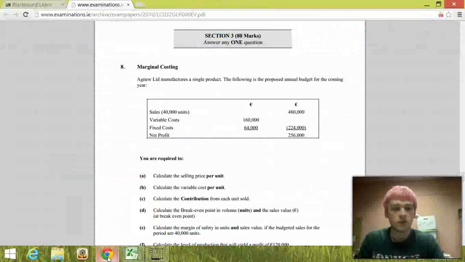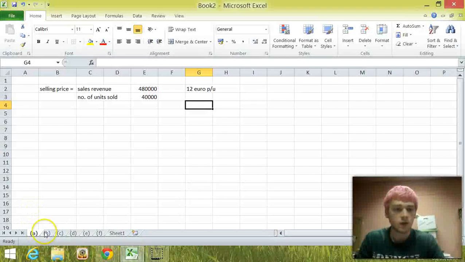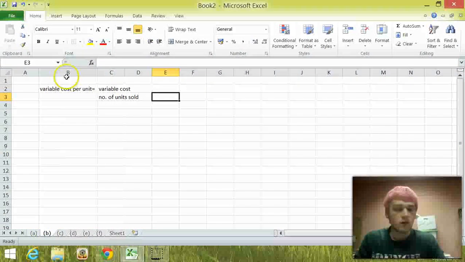So let's go back to the question. Let's go into part B. Calculate the variable cost per unit. So it's similar enough to part A, except in this case we're asked to find the variable cost of every 1 unit sold. So we have another formula: variable cost divided by the number of units sold.